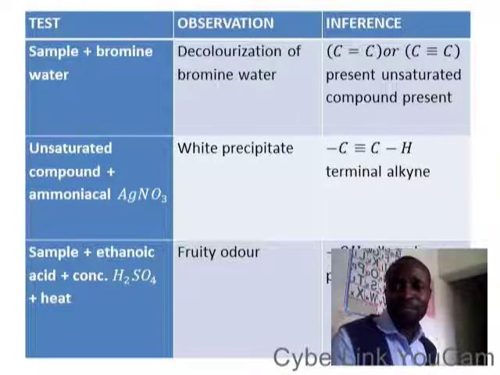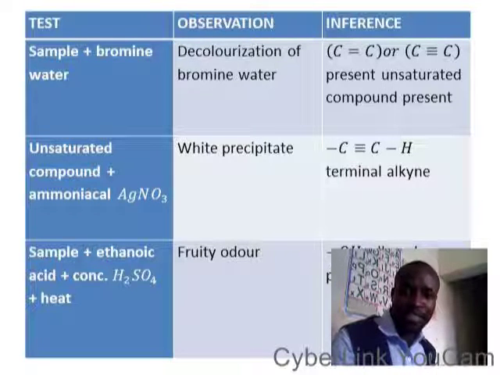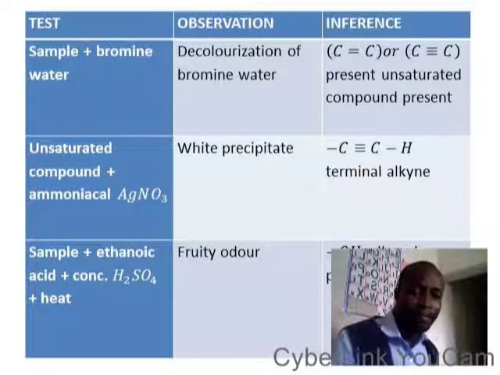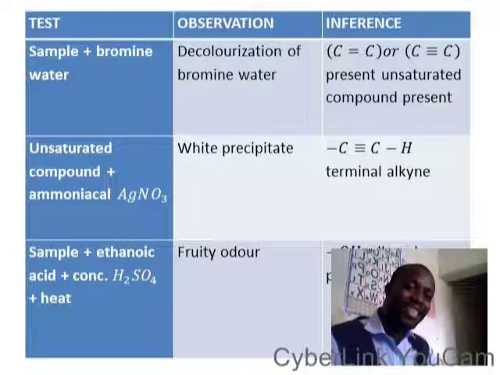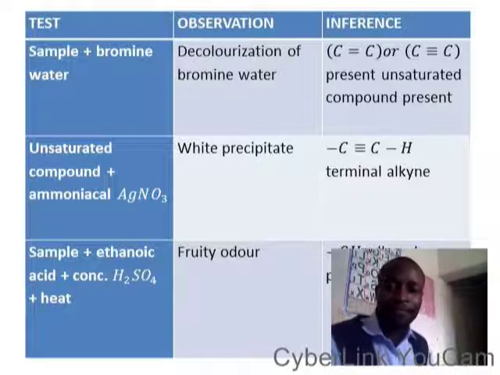Unsaturated compound plus ammoniacal silver nitrate. If there is a white precipitate, it shows we are dealing with an alkyne, not an ordinary alkyne, a terminal alkyne. A terminal alkyne is an alkyne compound that has the triple bond at the end. It could be at the first carbon or at the last carbon.